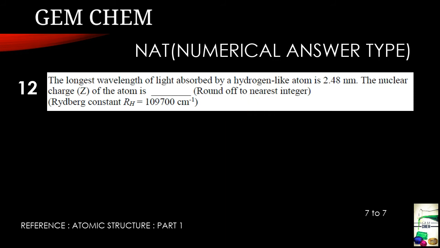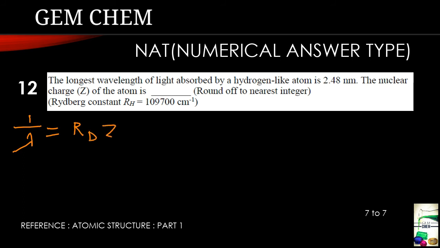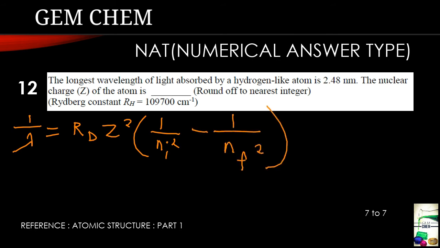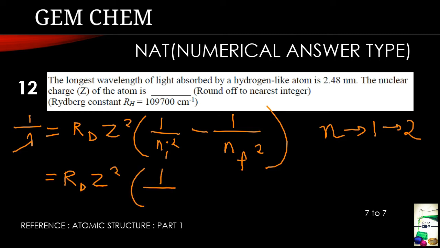Here the same formula is used where the Rydberg constant is present. So 1 by lambda equals R_H Z square times 1 by n_i square minus 1 by n_f square. Since it is hydrogen-like and the longest wavelength transition goes from 1 to 2, it comes to be R_H Z square times 1 by 1 minus 1 by 4, and it comes to be near about 7.